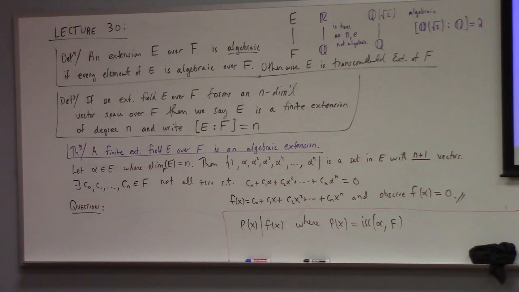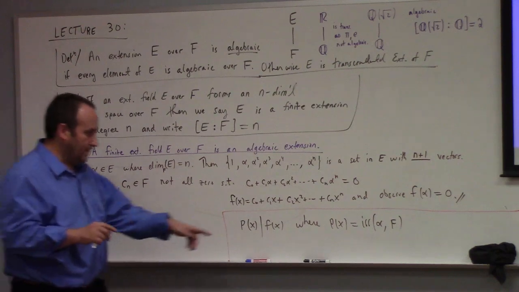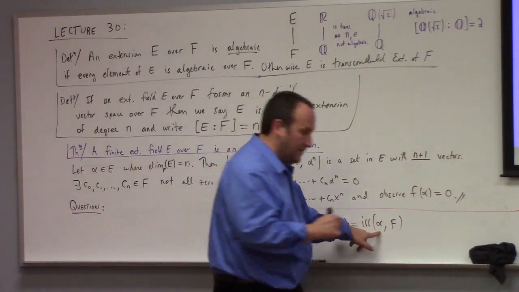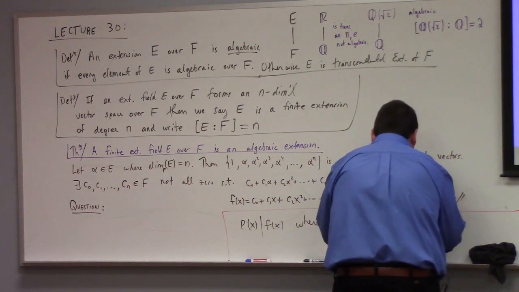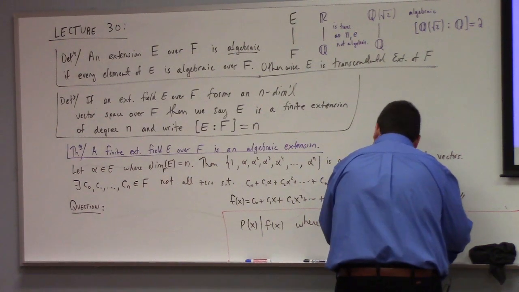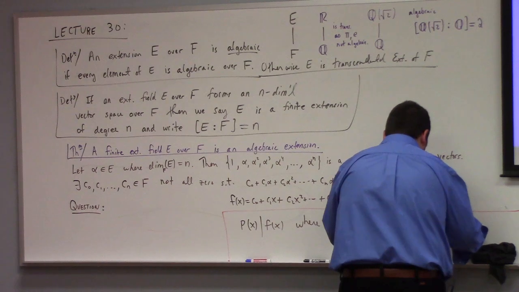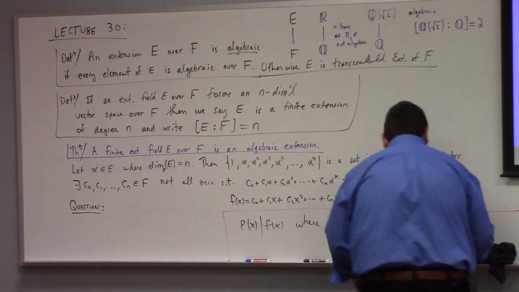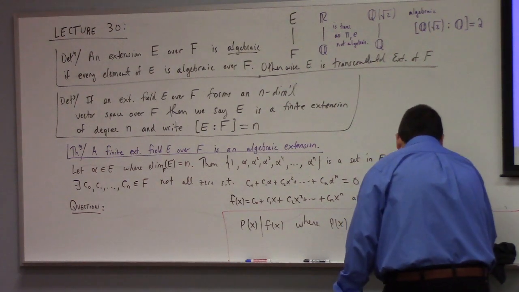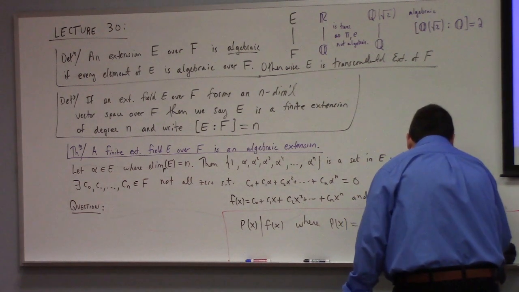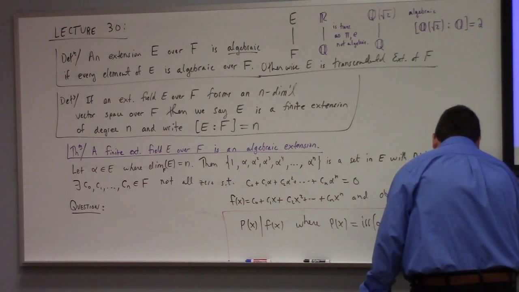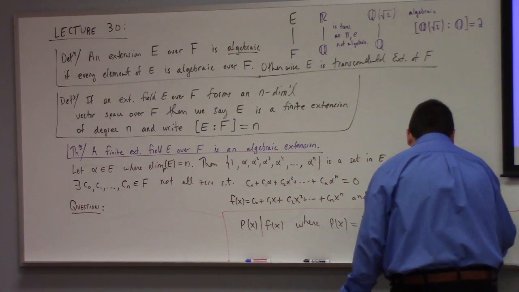Can you just say again what that notation is with the IR? This is the irreducible polynomial of alpha. This is the polynomial of least degree, what this means is that p of x is monic, and p of alpha is equal to 0, and it's p of x of least degree for which that happens.